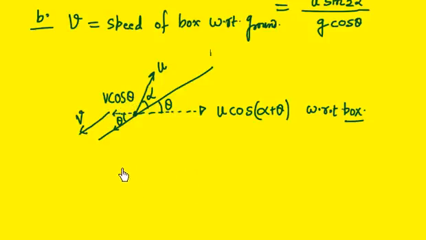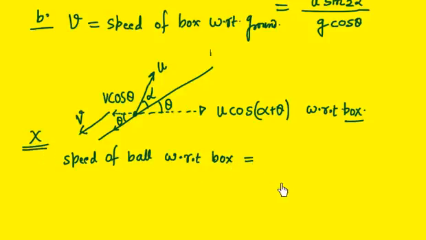So what is the speed of the projectile in the x direction with respect to ground? Let me write. The speed of the ball with respect to box, in the x direction, is u cos of alpha plus theta.